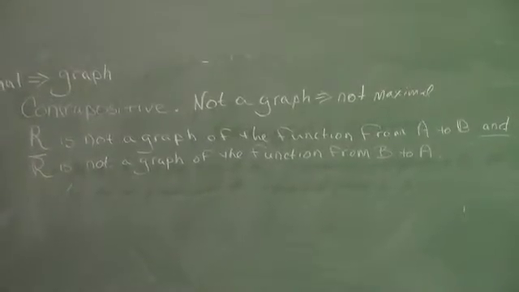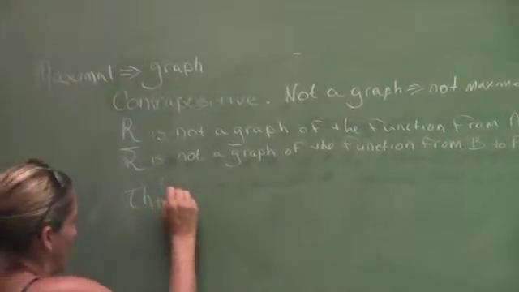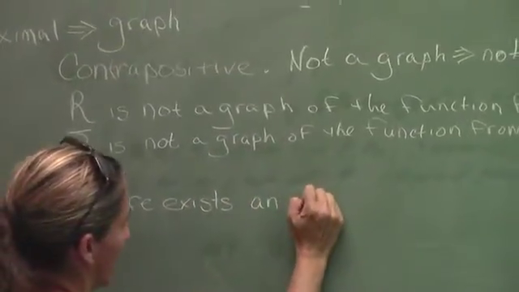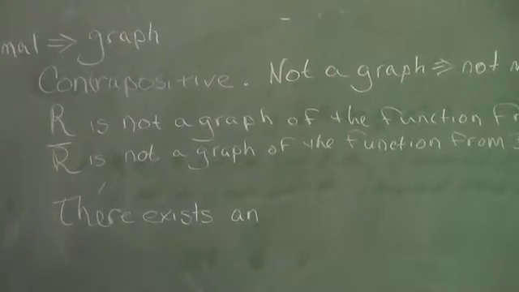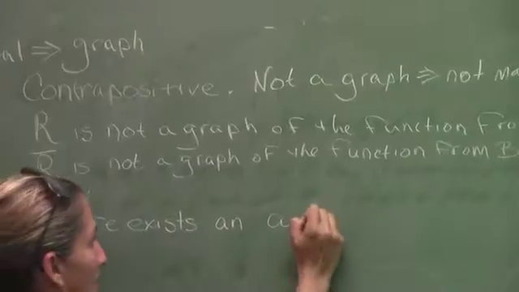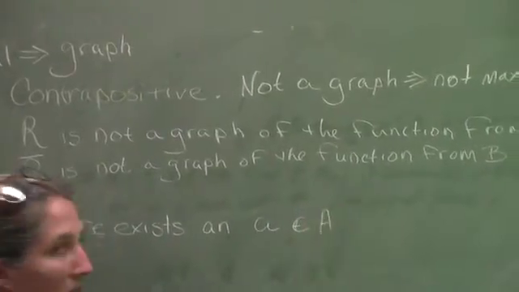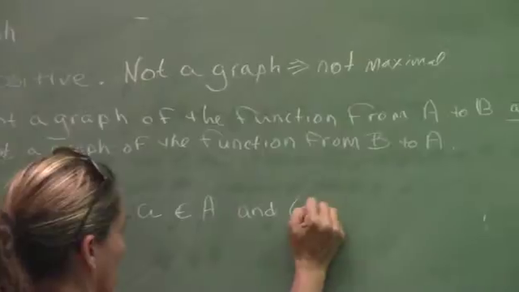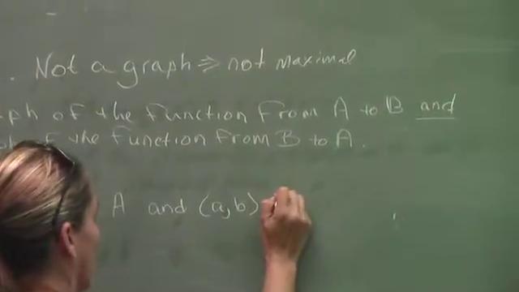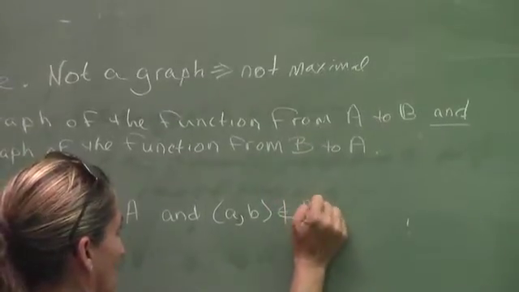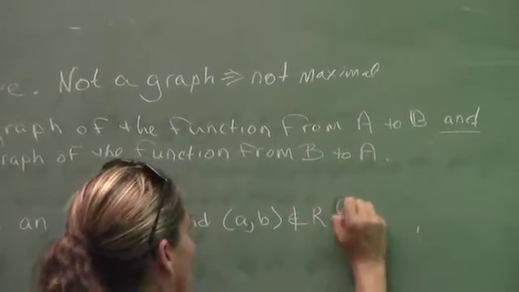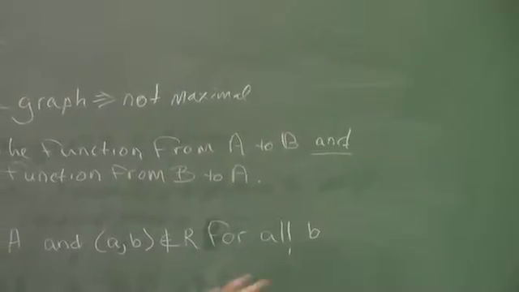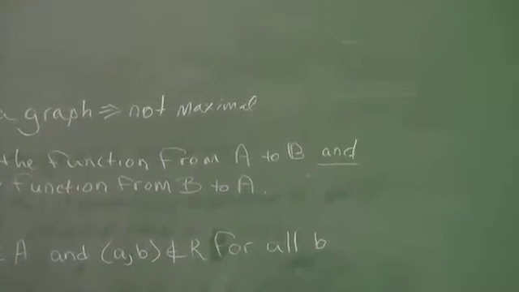There exists an A, a little a in capital A, and the pair (a, b) is not in capital R for all b in capital B.